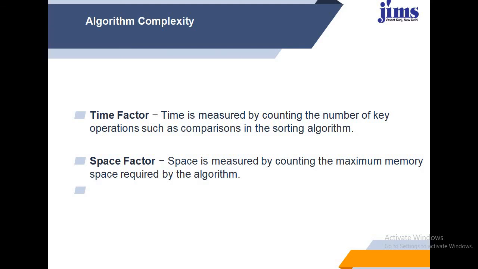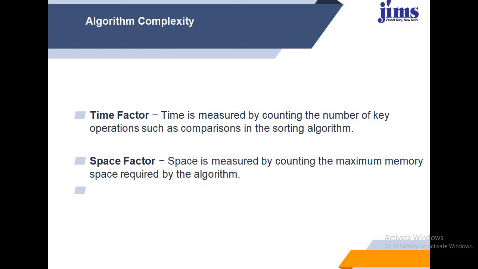If there are more comparisons, you have to do more comparisons, and if you do more comparisons, your algorithm will take more time. And the second factor of complexity is the space factor. Space is measured by counting the maximum memory space required by the algorithm. When you write the algorithm, how much space your algorithm takes, this is the space factor.